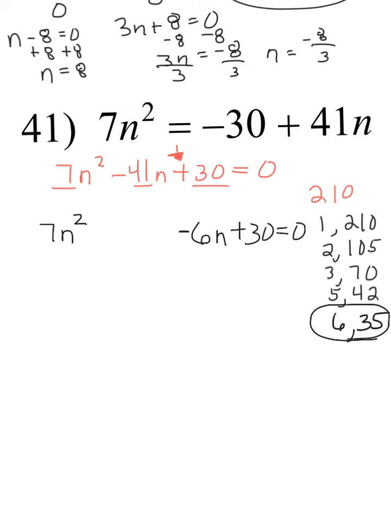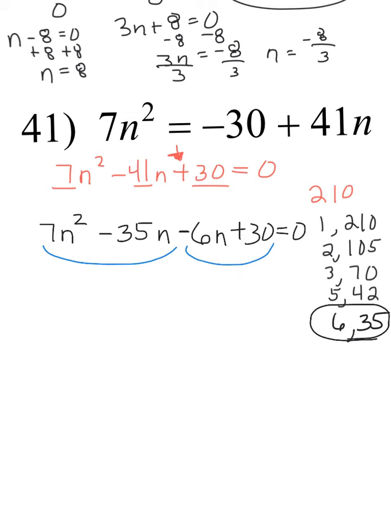The 35 and the 7 have something in common, so we're going to put the negative 35n with that, so that we can group those two together. Now recognize that negative 35n minus 6n gives us negative 41n, so we haven't changed the equation, we've just rewritten it to a different form so that we can group these two terms together and then these two terms together.